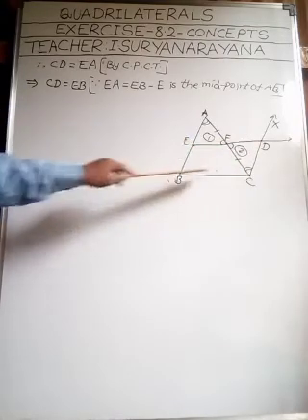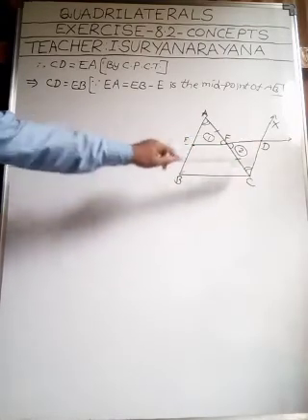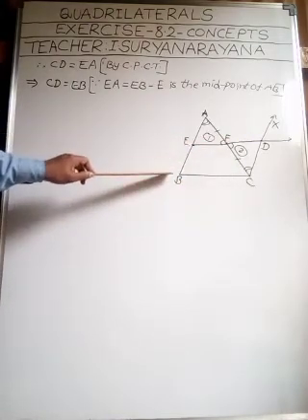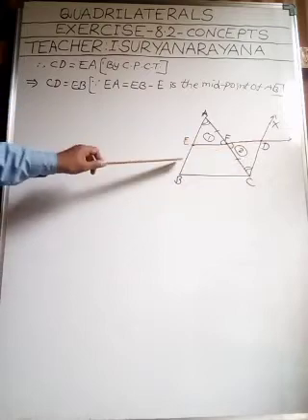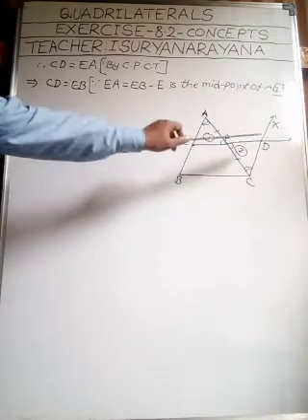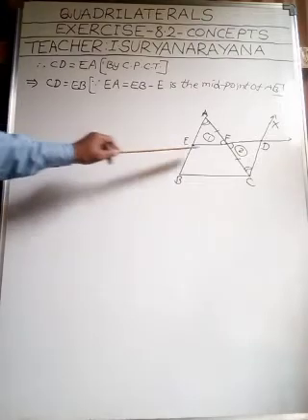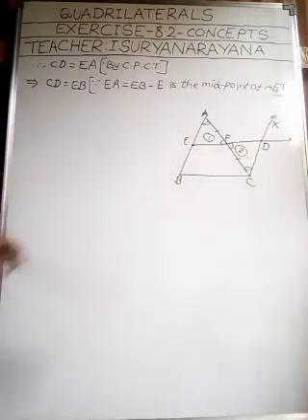So in this quadrilateral EBCD, BE is parallel to CD. We have constructed like that, and these two sides are equal, CD equal to BE. Then this quadrilateral is said to be a parallelogram. Okay, my children.